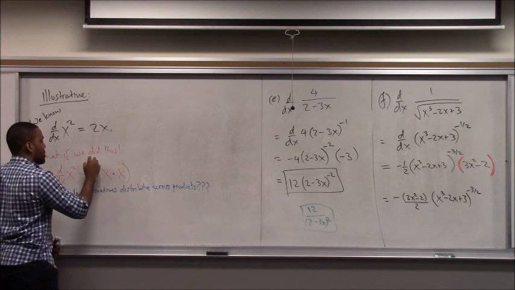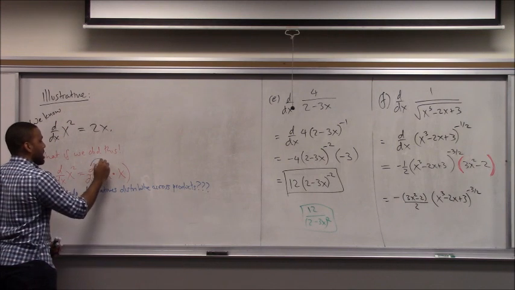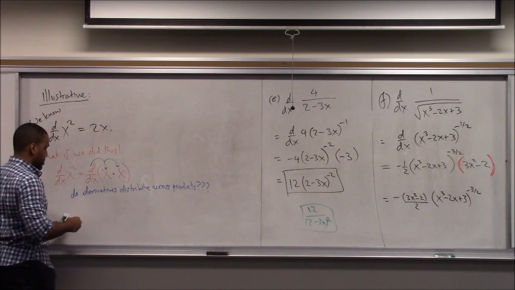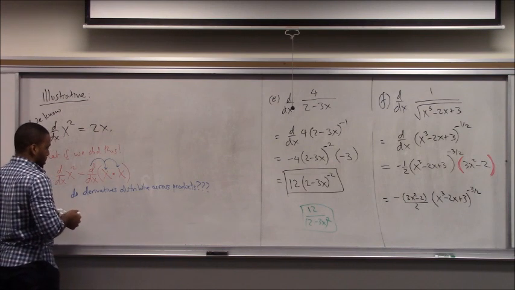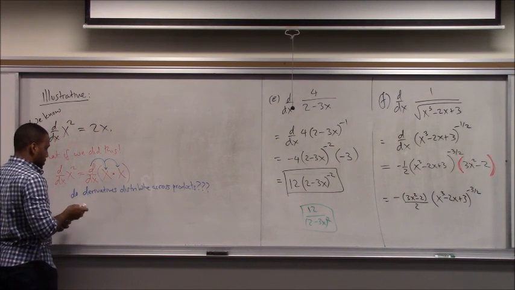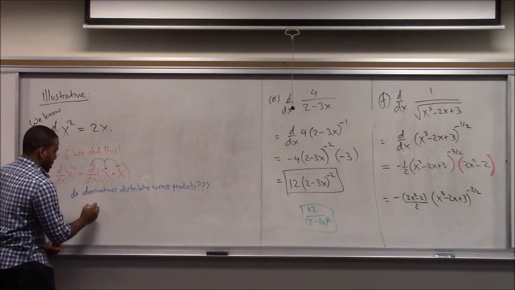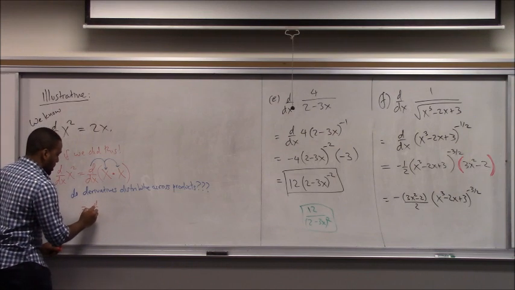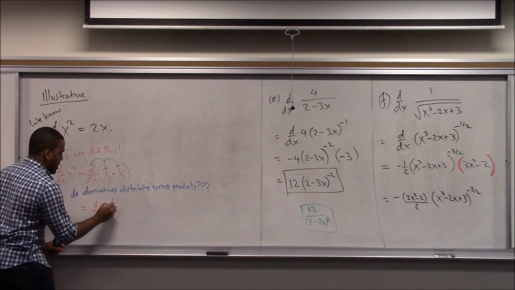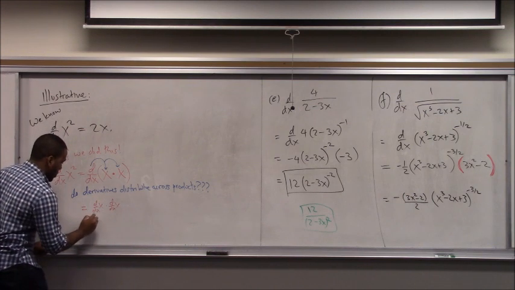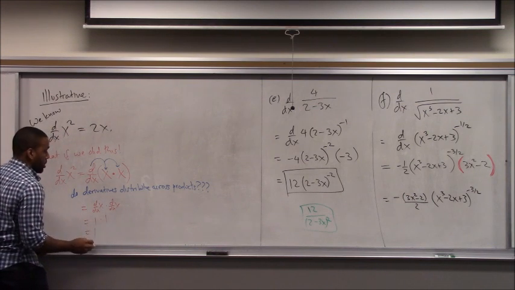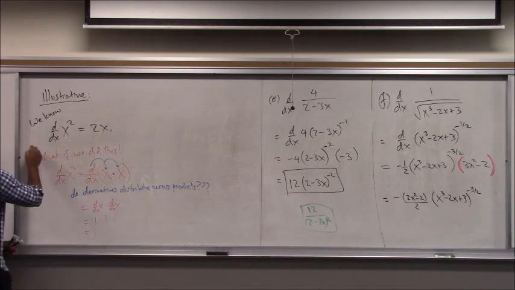So if you differentiate that and then differentiate that and then just multiply them together, you would get d/dx of x times d/dx of x, which is just 1 times 1, which is 1, which we know is the wrong answer, right?